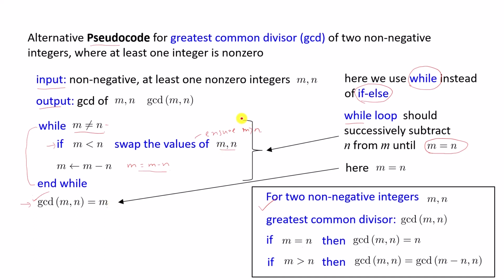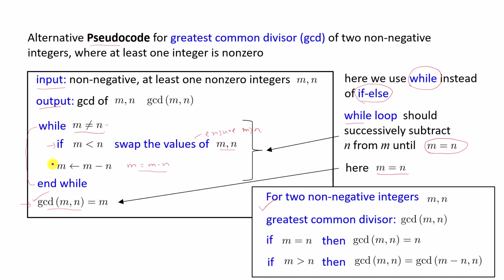So in this part, we are successively changing the value of m until m equals n, and here, when m equals n, we have reached the GCD. Now this is our pseudocode. This is a much better, much slicker version than the previous one that we showed.